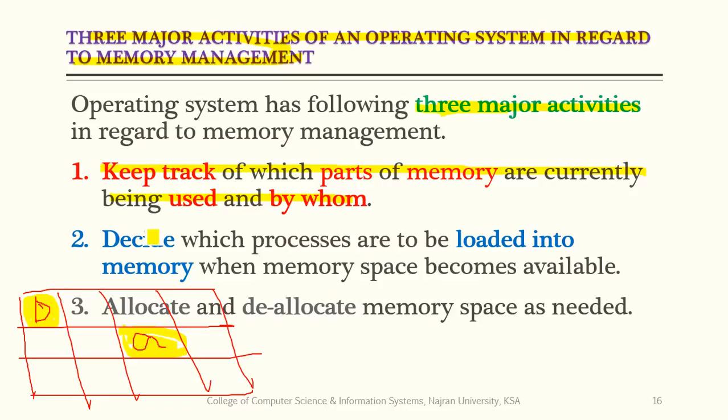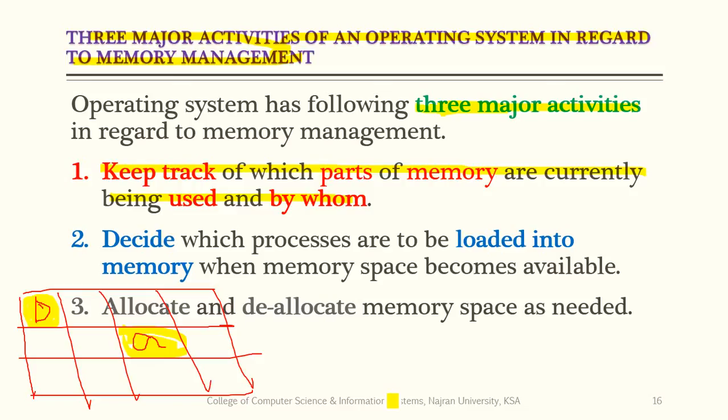The second thing the operating system has to do is decide which processes are to be loaded into memory when memory space becomes available. Whenever we have many processes waiting for memory, the operating system will decide which process to load into memory.